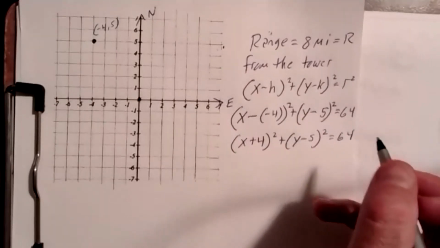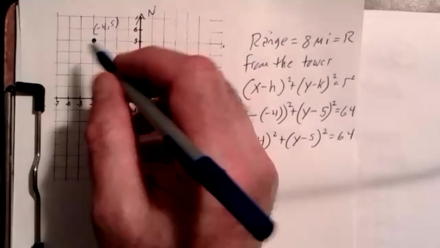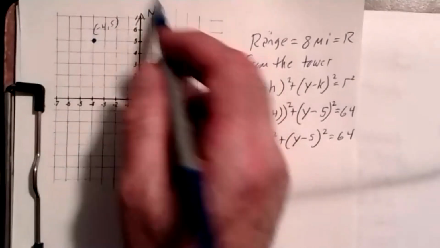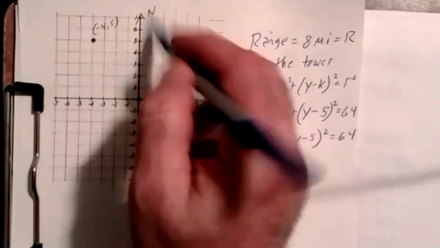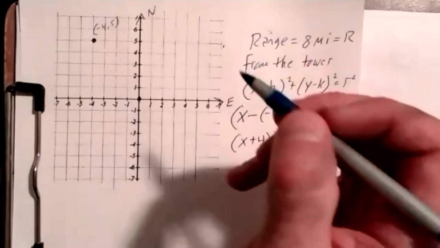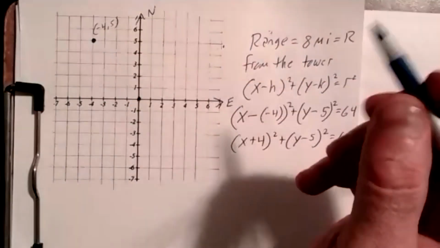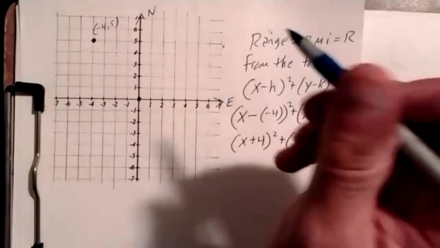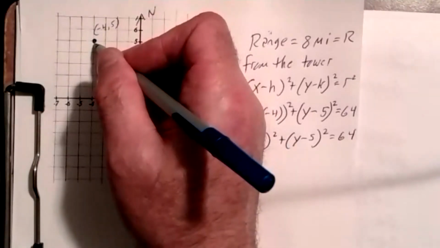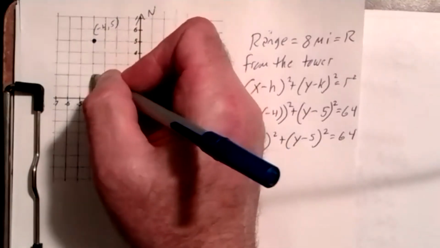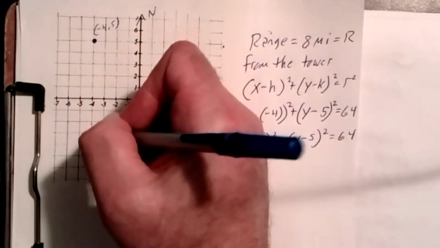Ladies and gentlemen, that would be a circle around the center, which is the tower, whereby the signal would reach out to. So 8 miles from the center, 1, 2, 3, 4, 5, 6, 7, 8.